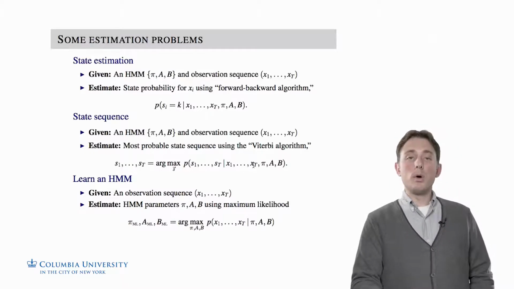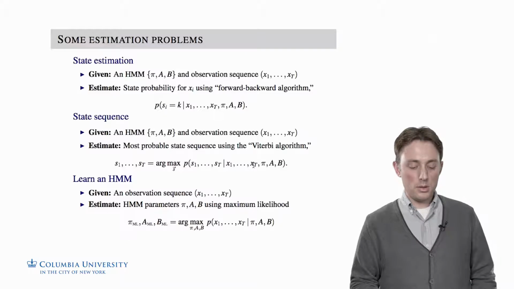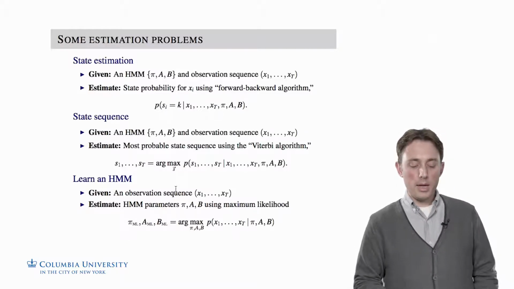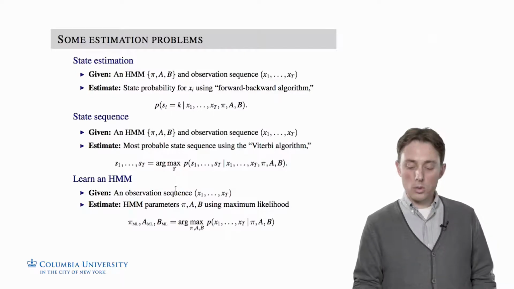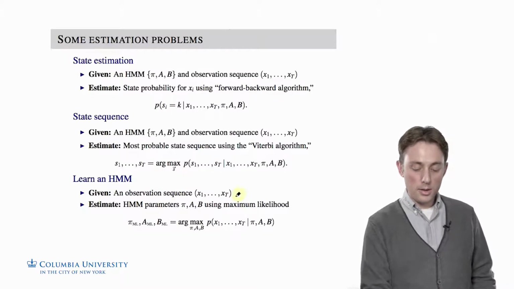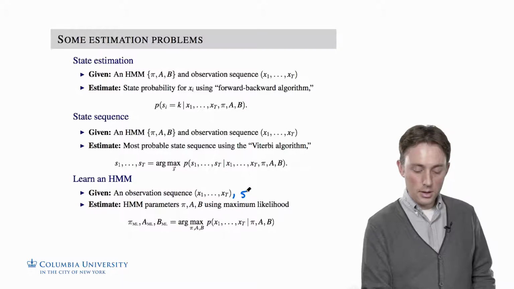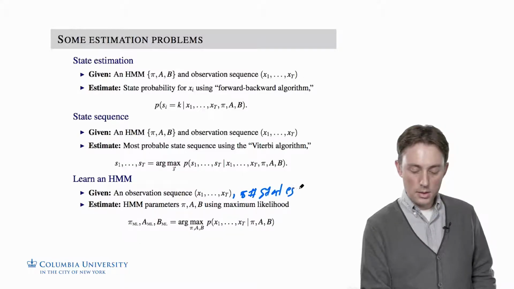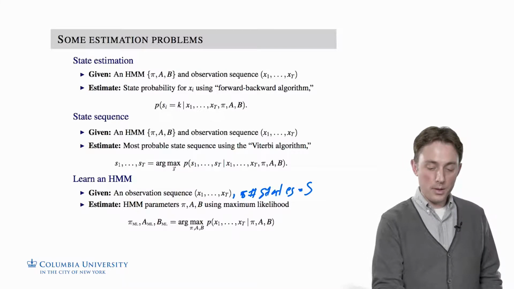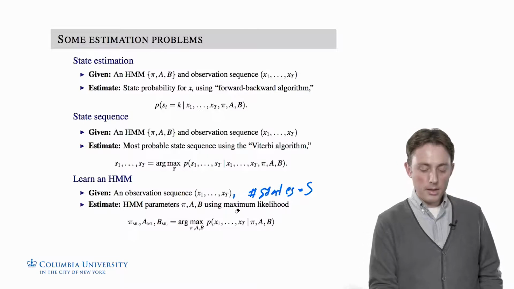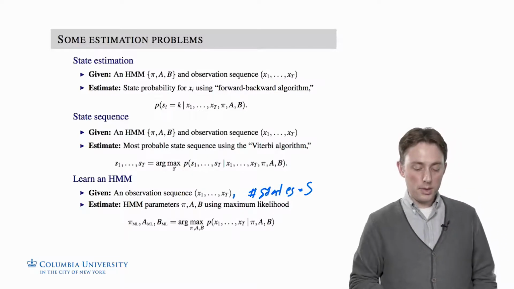Finally, we might want to learn the HMM parameters themselves. So in this case, we're just given a sequence of data, and we are also making an assumption of the number of states equals S. And now our goal is to find the parameters of the HMM.